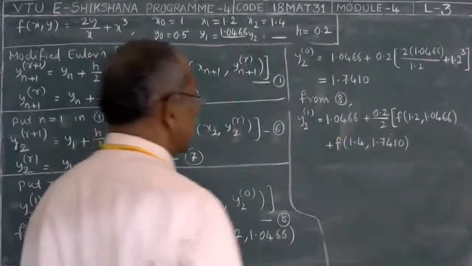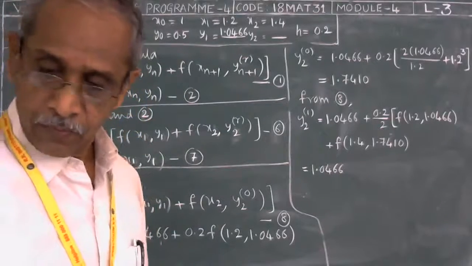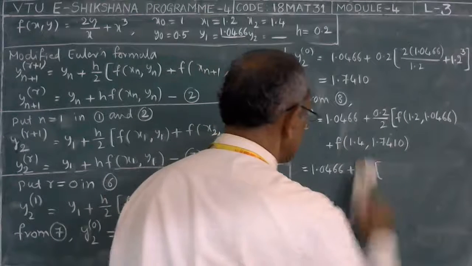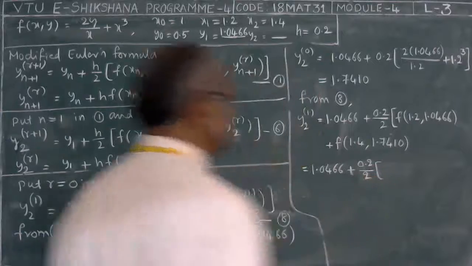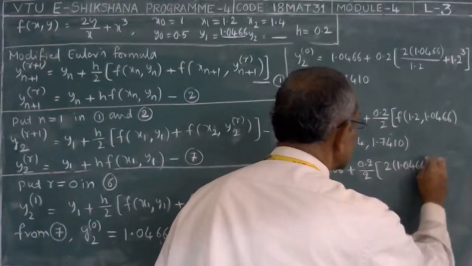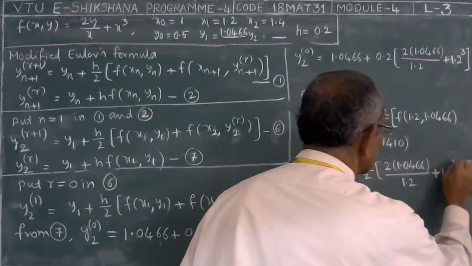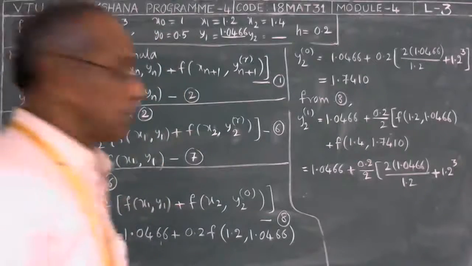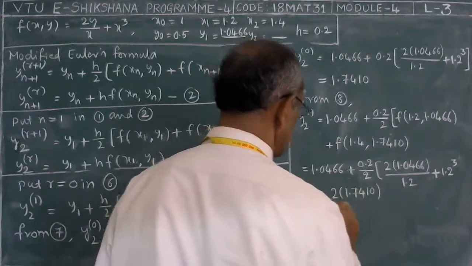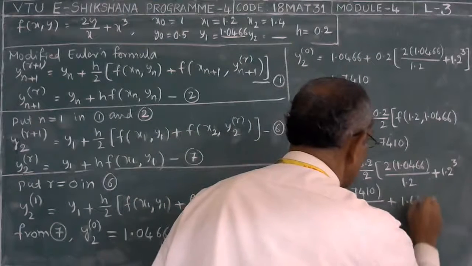Let me start from here. It is equal to 1.0466 plus 0.2 divided by 2, into f of 1.2 comma 1.0466, which is 2 into 1.0466 divided by 1.2 plus 1.2 whole cube, plus, for this one, 2 into 1.7410 divided by x, that is 1.4, plus 1.4 whole cube.